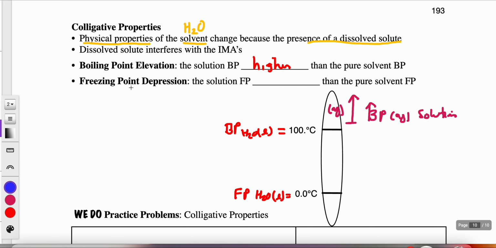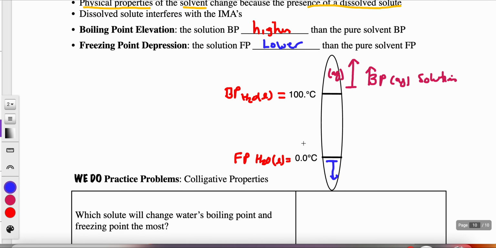Whereas the freezing point, it's referred to as the freezing point depression because the solution's freezing point will be lower, will occur at a lower temperature than the pure solvent. So if pure water freezes at 0 degrees Celsius, we will have a negative temperature, a temperature below 0, for our freezing point.